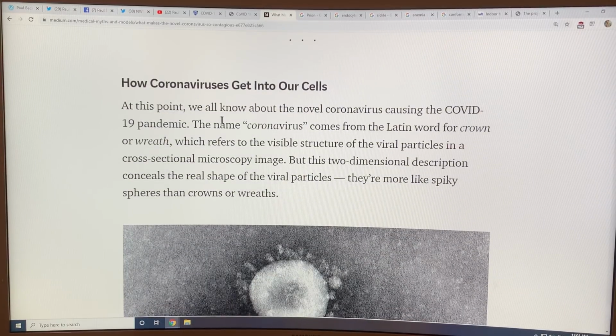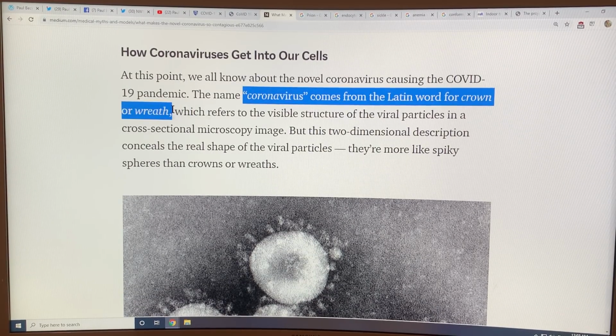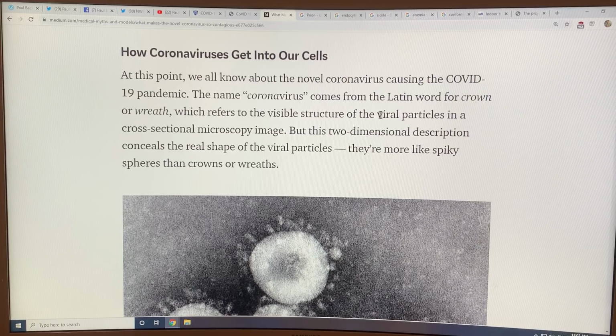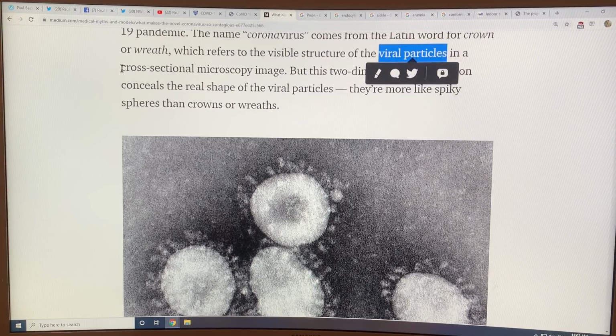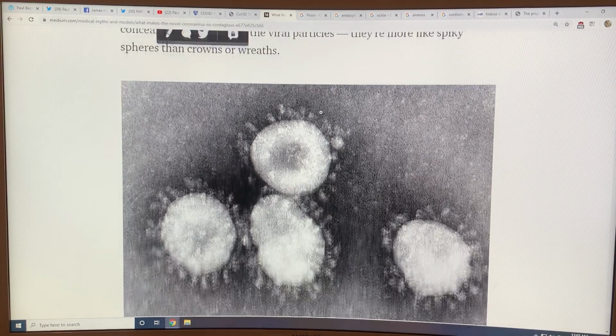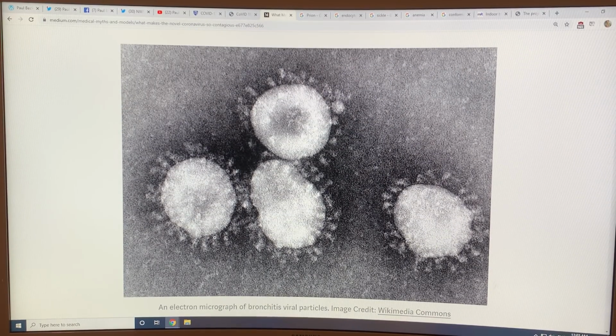So basically, how does it get into our cells? First of all, the name coronavirus comes from the Latin word for crown or wreath, which describes the visible structure of the viral particles. The term virologists use for viral particles is virions. This is a cross-sectional 2D image, and you can see these spikes here.